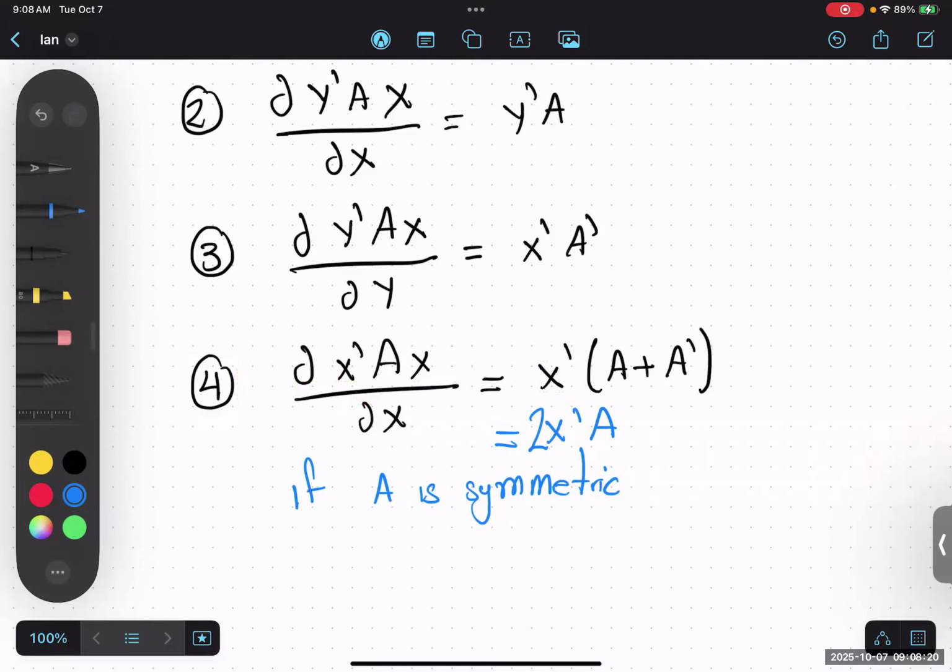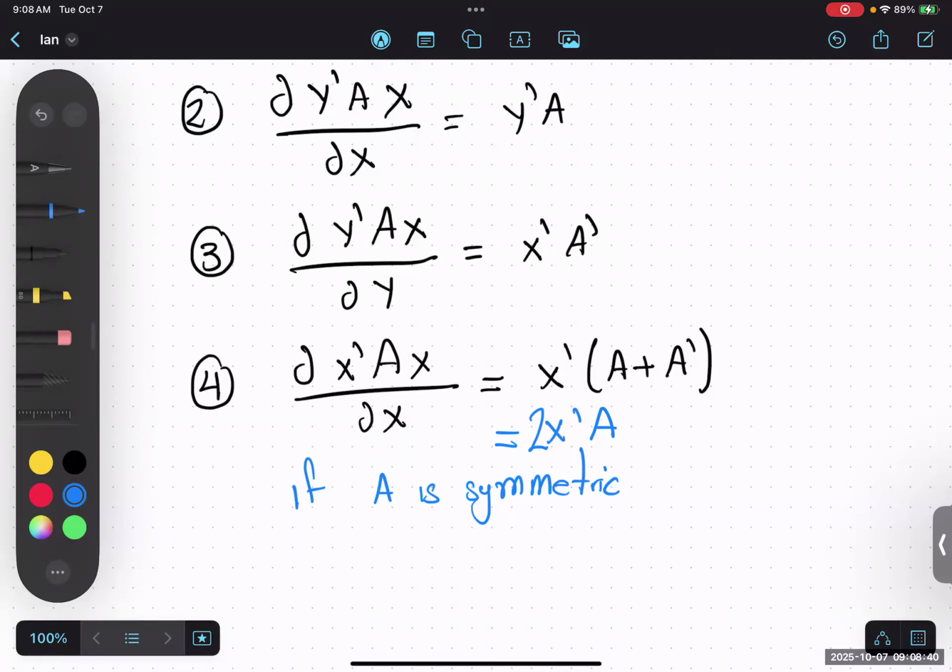If you differentiate the function A times x squared, that's basically what you get. So you have a similar case in linear algebra, but only if A is symmetric. Otherwise, you will have to multiply your x transpose by A plus A transpose.